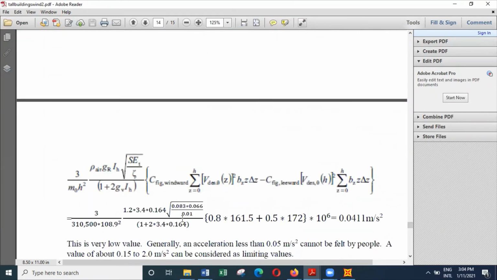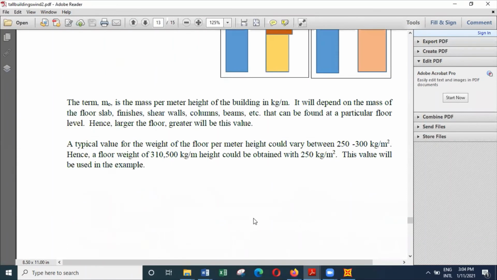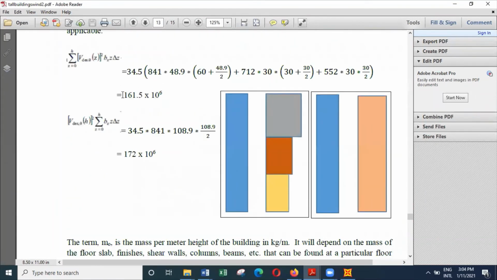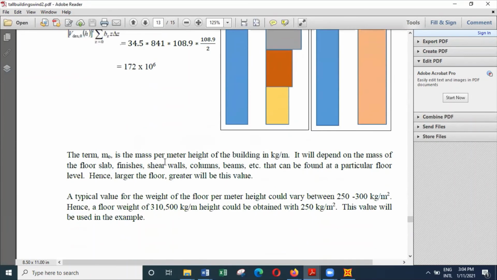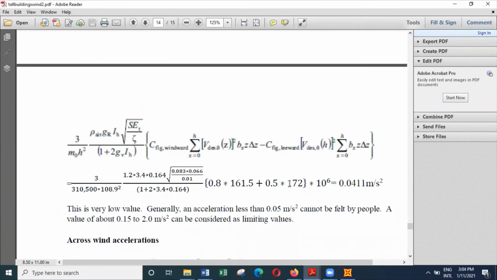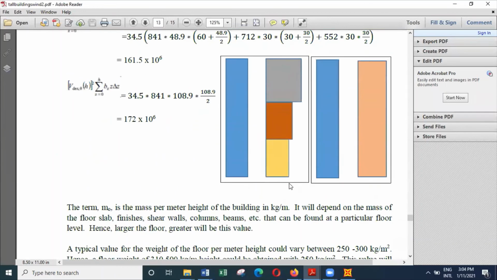So this is 0.01, and here you can see 1 plus 2, 3.4 times 0.164, and here you can see this is 0.8 times 161.5, plus 0.5 times 172 into 10 to the power 6.